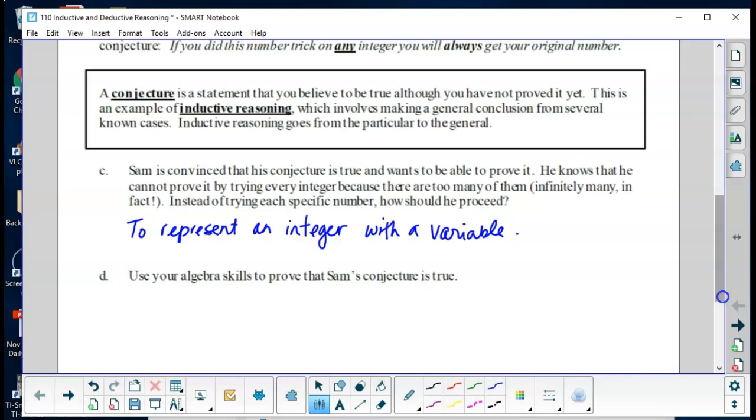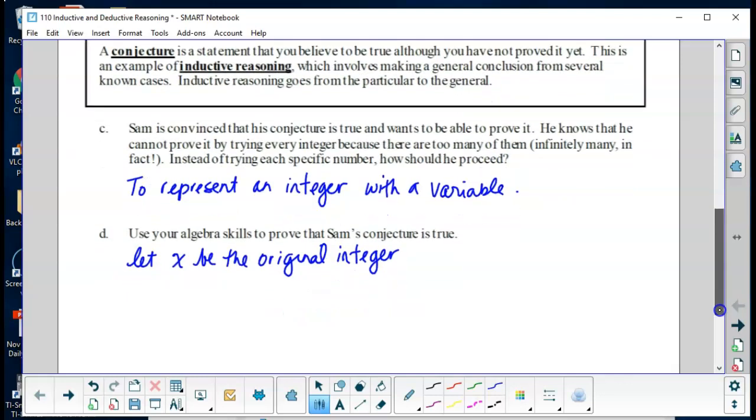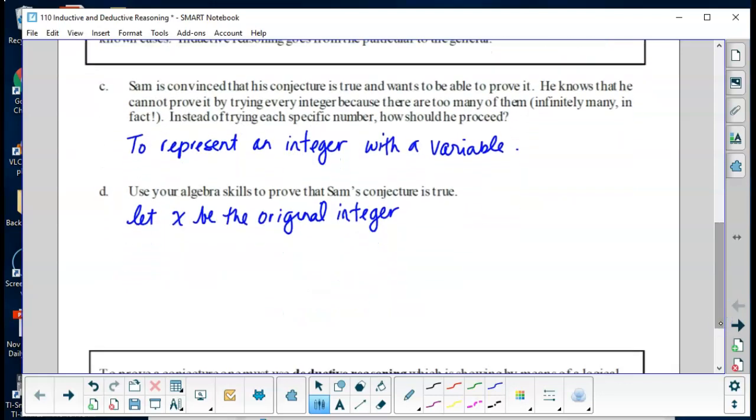It says use your algebra skills to prove that Sam's conjecture is true. So we want a let statement. Let x be the original integer. Then what did we do in the steps? You go through each step of what you were asked to do. It says pick an integer, so we've got that. Add this integer to the next 4 consecutive.